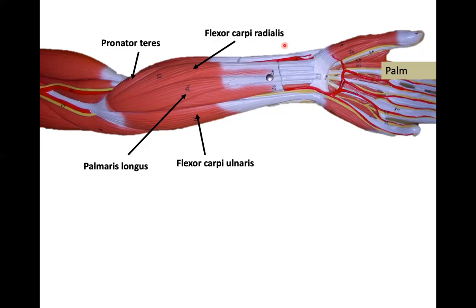But again, for this side, all you need to know is the muscles located on the supine position, when you put your arm with the palm up, are referred to as the flexors, as in they have the capacity to flex your wrist.